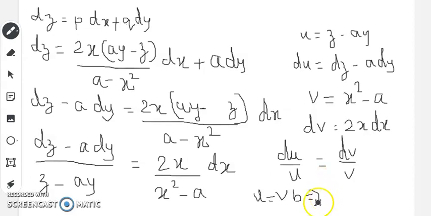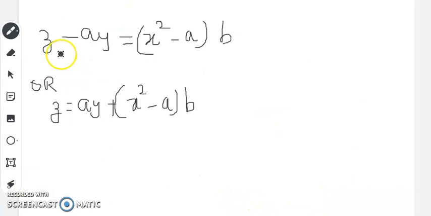Log u is equal to log v plus log b, so we get log vb, so u is equal to v into b. Substituting the values, we get z minus ay is equal to (x square minus a) into b, or we can rearrange it as z is equal to ay plus (x square minus a) into b. So this is our required solution. Thank you.